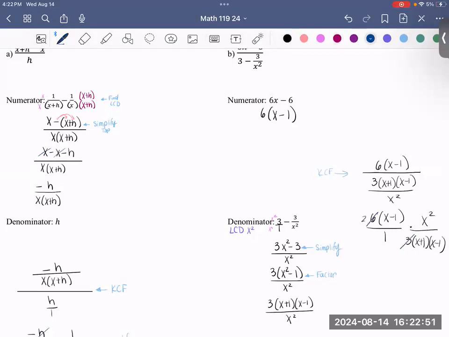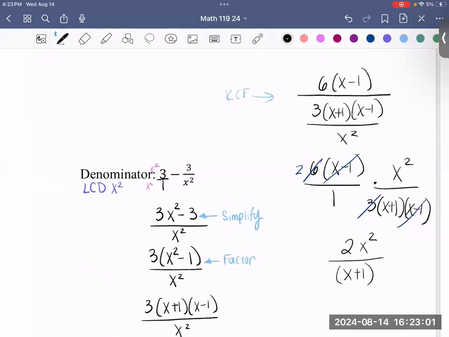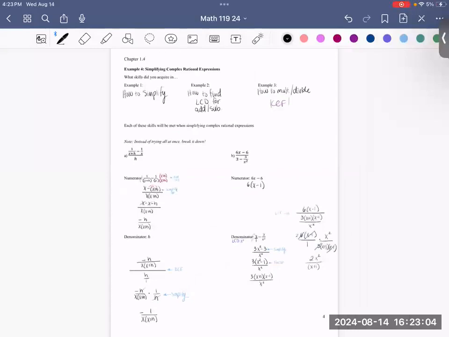We're leaving behind a 2 here. The x minus 1s can go. So we're left with 2x squared over x plus 1. And there you have it. So that is how we can get to simplifying complex fractions.